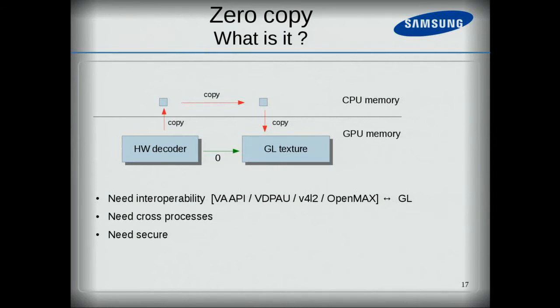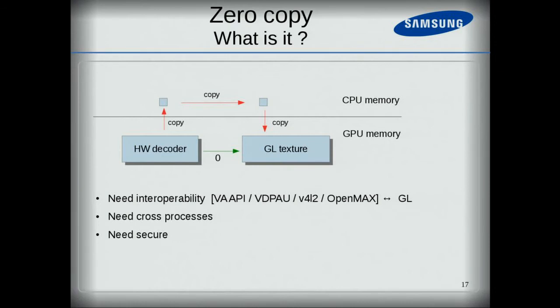So about zero copy decoding. First, what it is. It's a really simplified diagram, and it's not the same use case every time. But if you imagine on desktop, you have your CPU and your memory, and you have the GPU and its own memory. If you decode with the GPU, you want to stay all the time in the GPU memory.